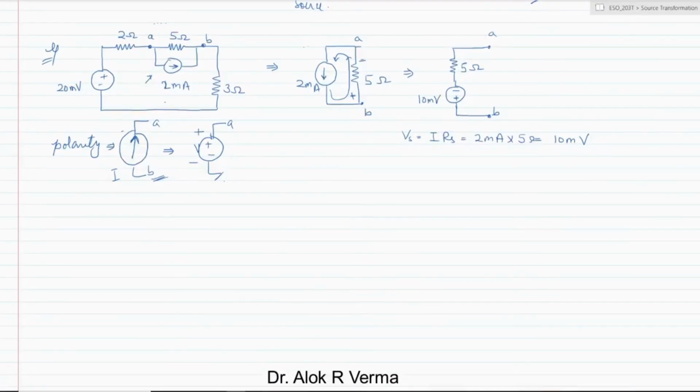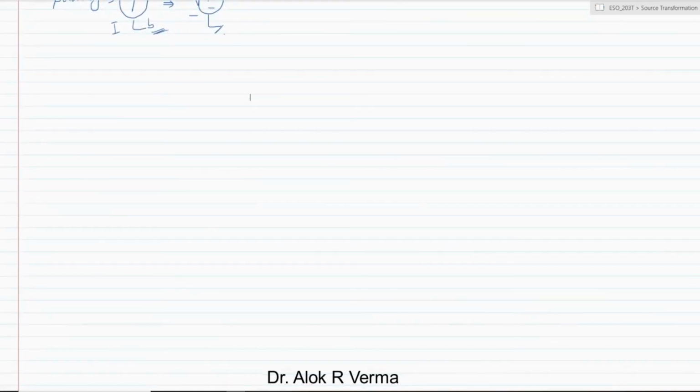So currently we have taken sources which are independent. It means that the magnitude of the voltage or current source is not dependent on any other element or parameter of the circuit. Now, if the voltage or current source is a dependent source, we'll see what condition we have to make sure of.